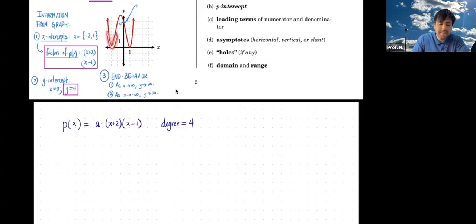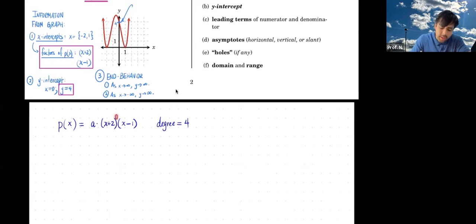It means that the multiplicity is even, which means that the power associated with the factor must be even. In this case, the exponent here is an odd exponent, so this can't be true. So then what must be true is that this must be a 2 squared, and this must also be squared. So do you guys see that?